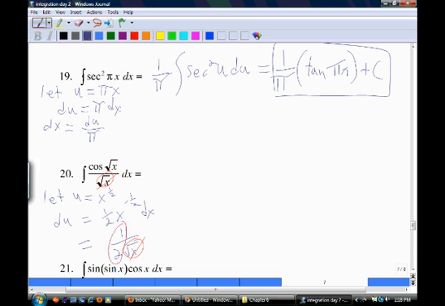The root x in the bottom is gone because it canceled with that one there. That's equal to 2 times the integral of cos, which is sine. U is x to the 1/2, or root x, plus c, and that one is done.